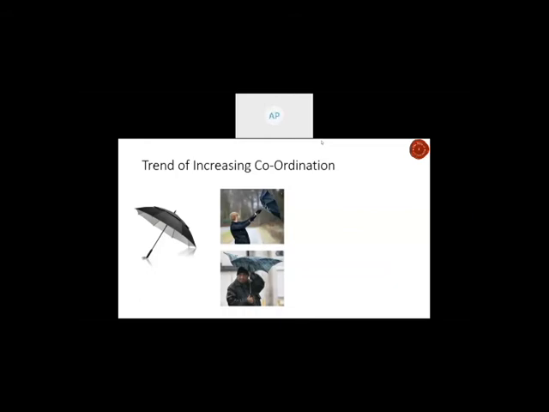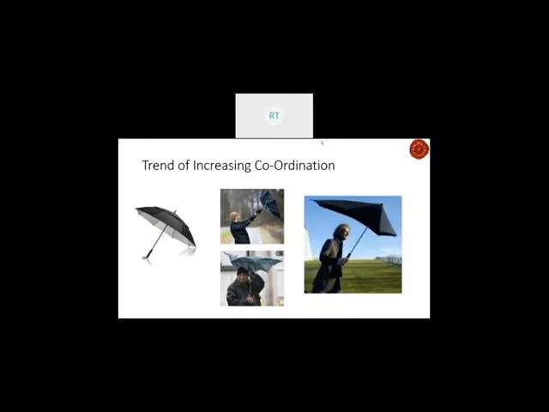How many of you have seen this? This is called a sense umbrella.